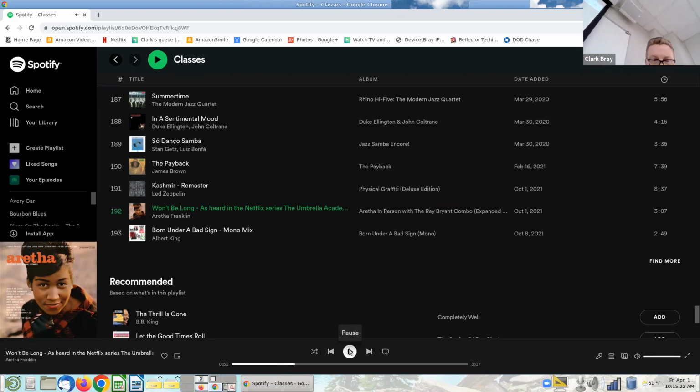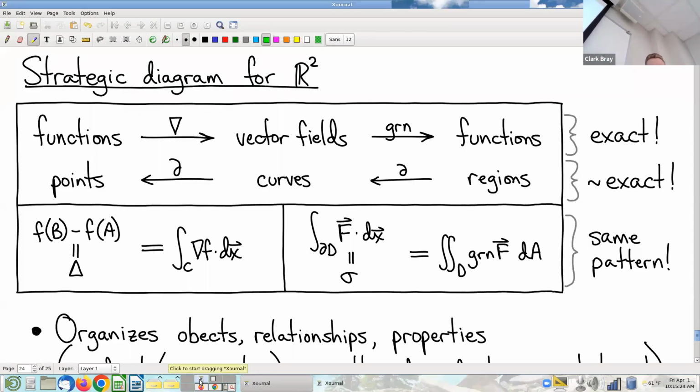Okay, so last time we were talking about what I like to call this strategic diagram. And again, this is a quick reminder: there's no rigor in this diagram. This isn't a theorem. Everything that I feel is encoded in this diagram is stuff that we've already stated and talked about in more detail elsewhere previously.